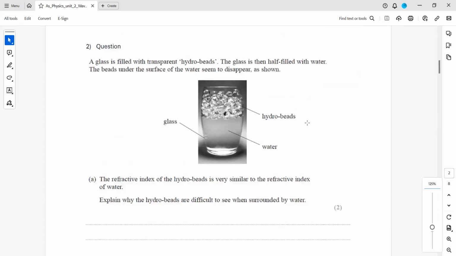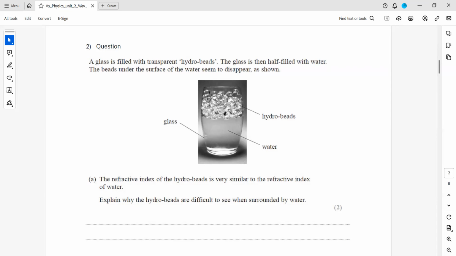Explain why hydro beads are difficult to see when surrounded by water. Because they have the same refractive index. So if they have the same refractive index, what will happen? The direction of the light does not change.